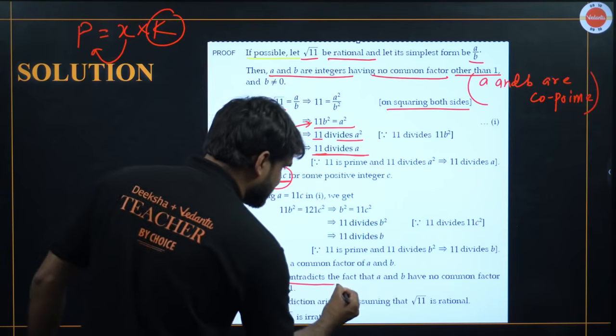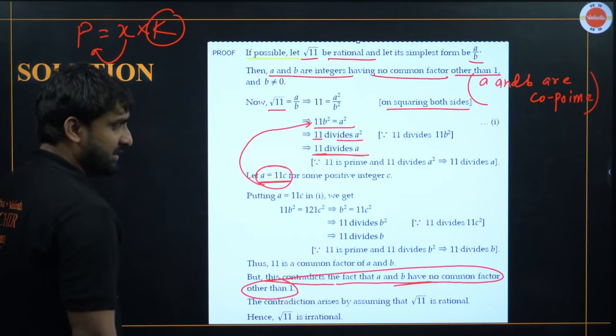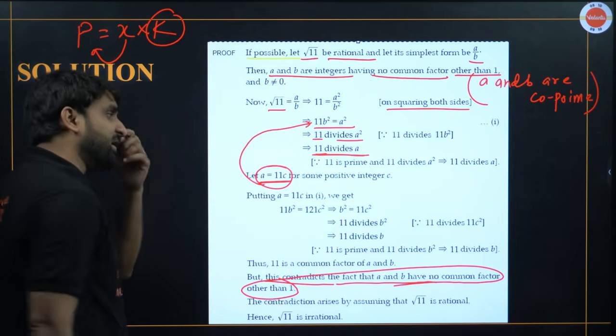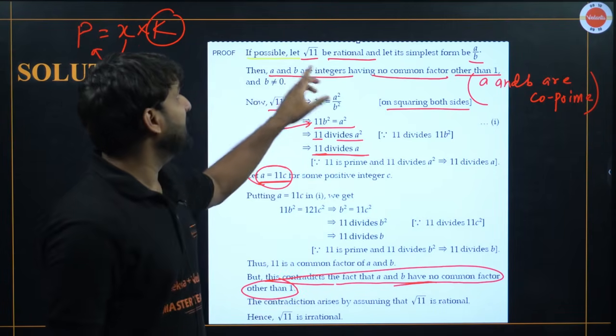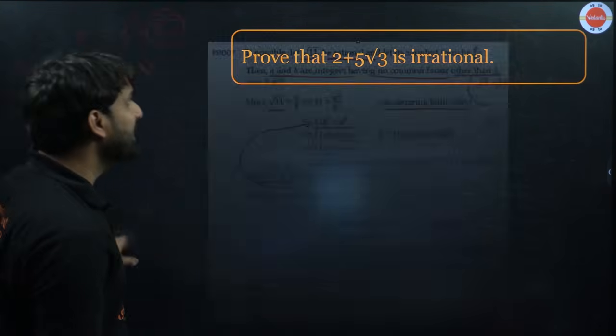This contradicts the fact that the common factor of a and b is 1. This contradiction occurred because we assumed root 11 is rational. So root 11 is an irrational number.